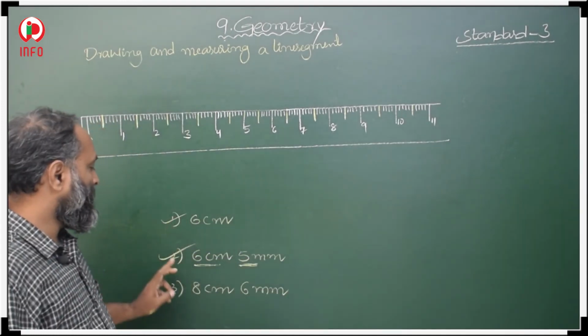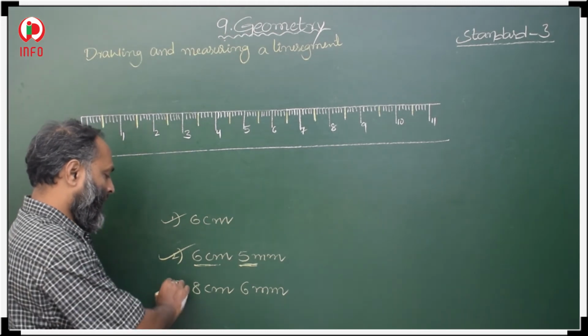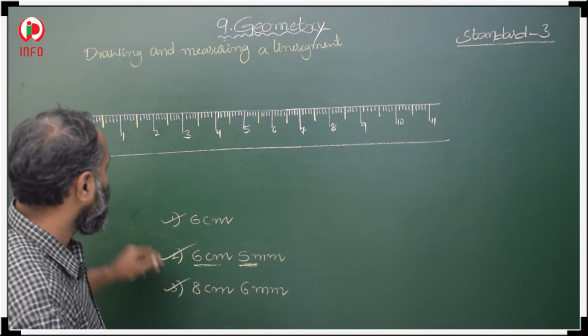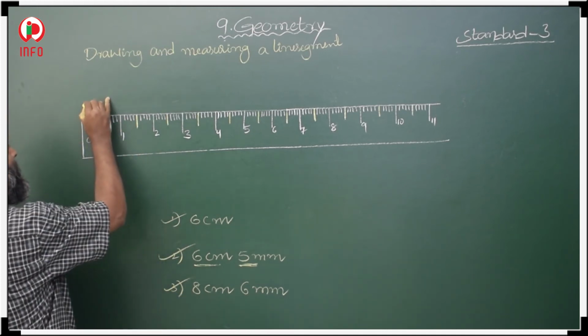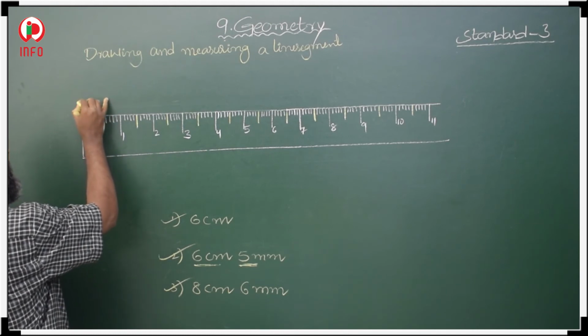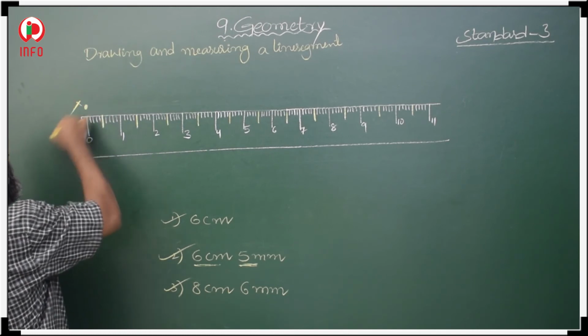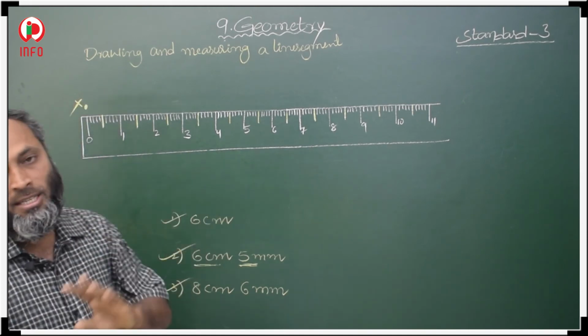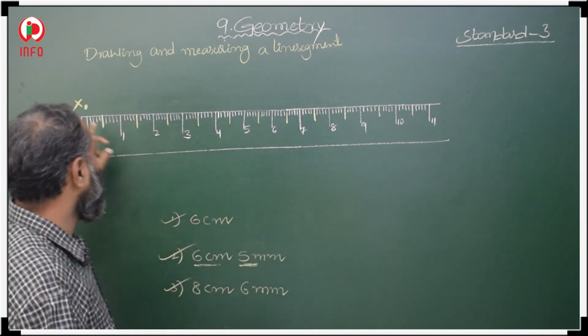Now, next, the third one, 8 centimeters 6 millimeters. First we mark the initial point at 0, this is X, the initial point as X. The initial point is the same, so we take it at 0 only.